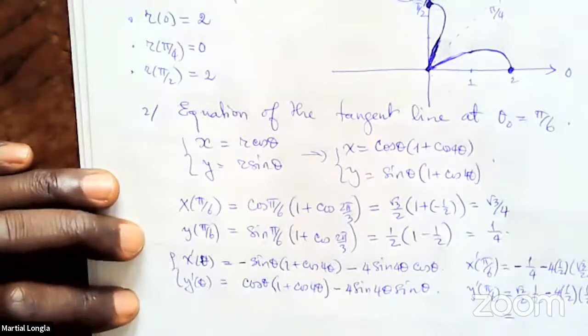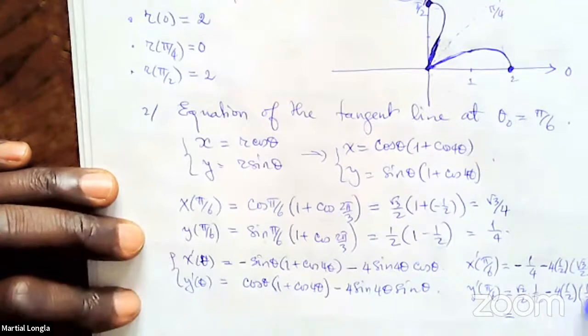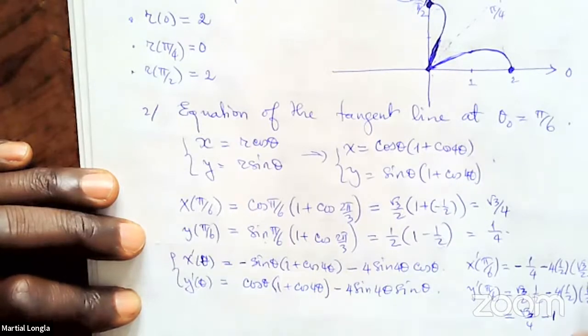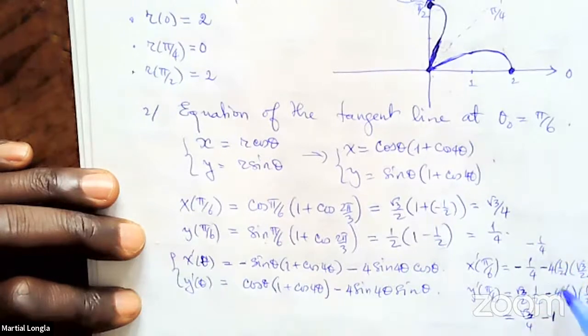So this one is minus 1/4 minus root 3, and this is root 3 over 4 minus 1. Why is that root 2? That's root 3, right?